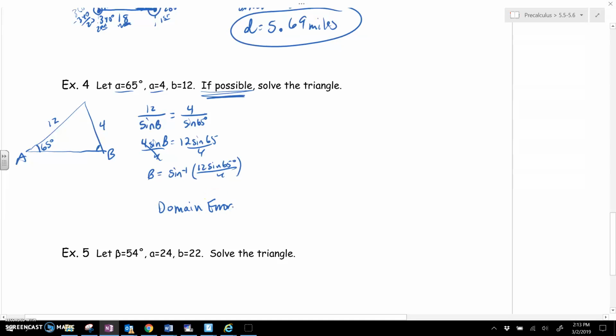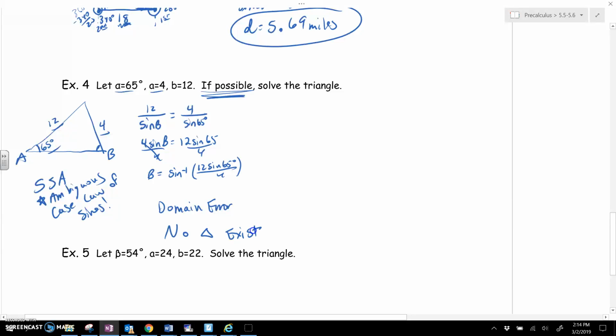But in this example, if you recognize that you're given side, side, angle, it's the ambiguous case of law of sines. So as soon as you have that, you check it on your calculator, and you'll see that it doesn't exist. So actually no triangle exists.